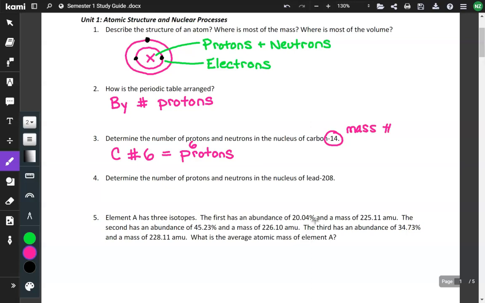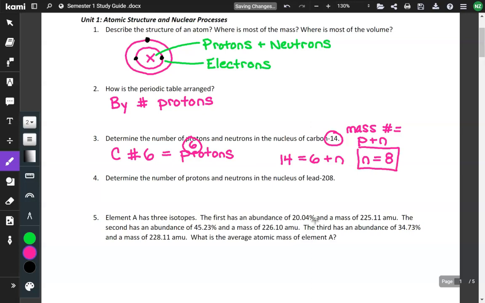The mass number is equal to the protons plus the neutrons. So if the mass is 14, and that's equal to protons, which we know are 6, plus the number of neutrons, I would subtract to get the number of neutrons. So 14 minus 6, we're going to have 8 neutrons and 6 protons.